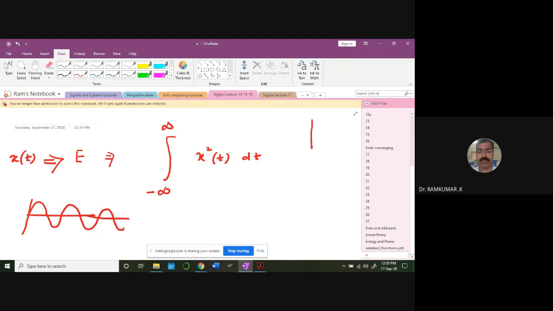For one cycle, if I integrate this signal, what is the value I'll be getting for one period? For example, 0 to 2. If I integrate, what will be the value? Area.